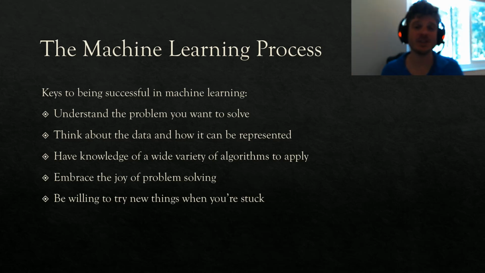You really just need to enjoy problem solving. Embrace problem solving. Enjoy getting things wrong, trying new things, testing them out, and trial and error. That's the beauty and the joy of doing machine learning. You have to be able to enjoy that if you want to do well.